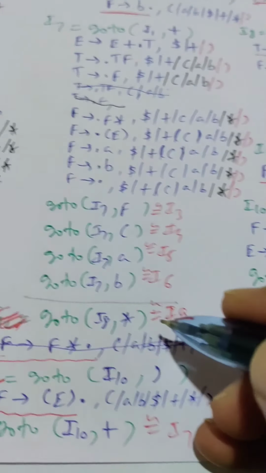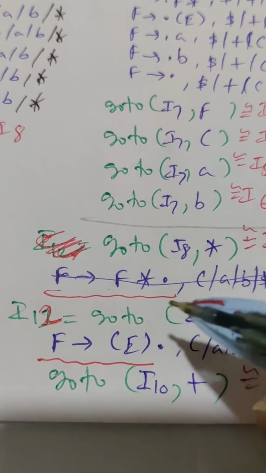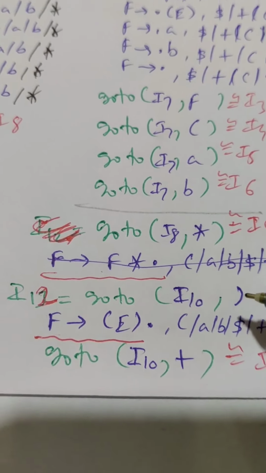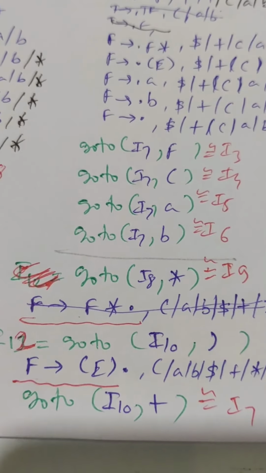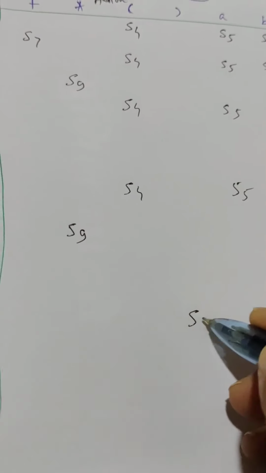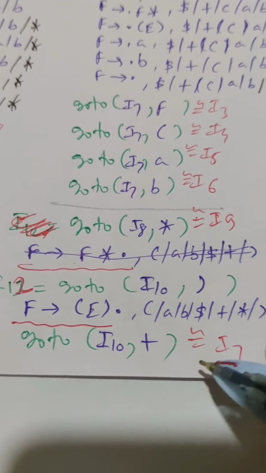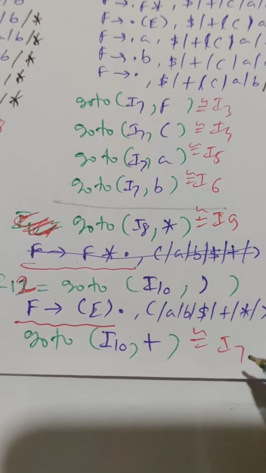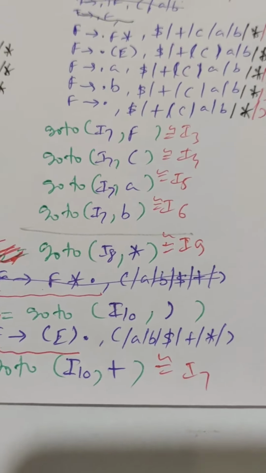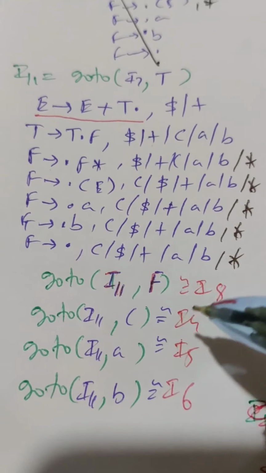Now let's move to item number 10. I10 comma closing bracket is 12, so you write shift 12. Then I10 comma plus is S7, shift 7. Done. Then I11 comma F is 8.